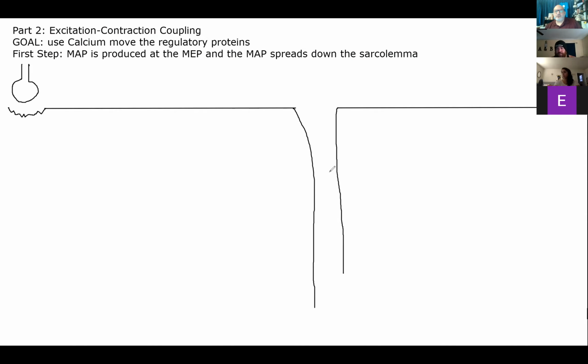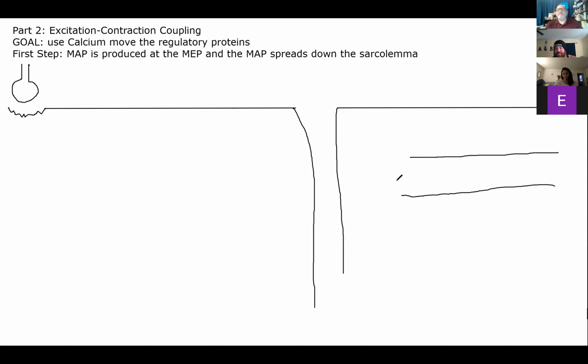Those transverse tubules are one of the 3 components that form a triad. What is a triad again? It is the transverse tubules and the 2 ends of the reticulum thing. Sarcoplasmic reticulum, excellent.